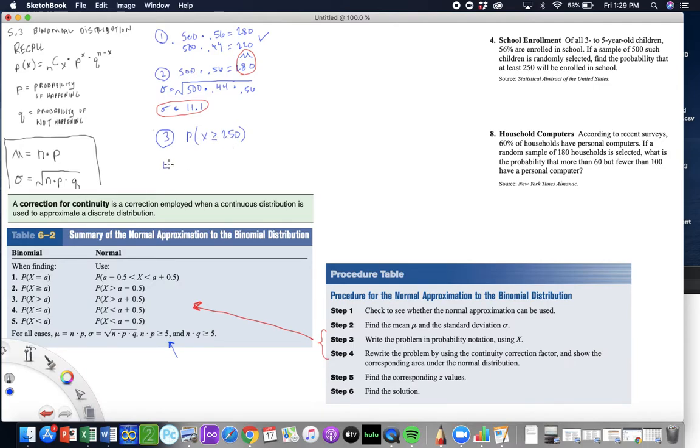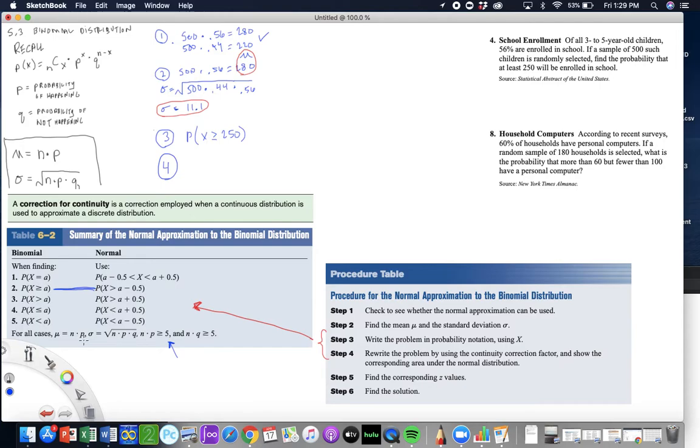So step 4 is where this chart is going to come into play. I'm going to look at this chart and determine which one of these I'm going to use. You'll notice it's greater than or equal to, so I'm going to use this one right here. I'm going to make an adjustment.